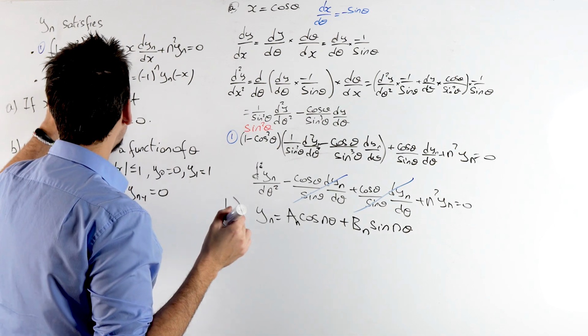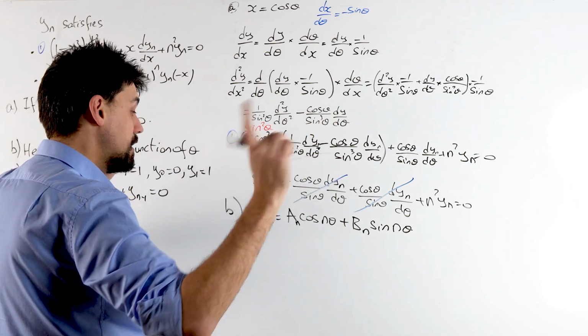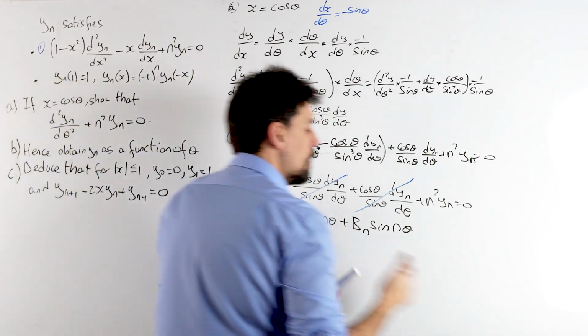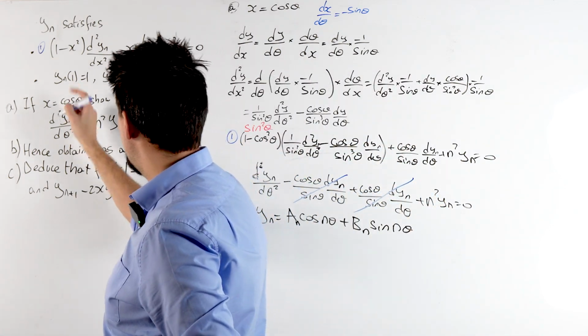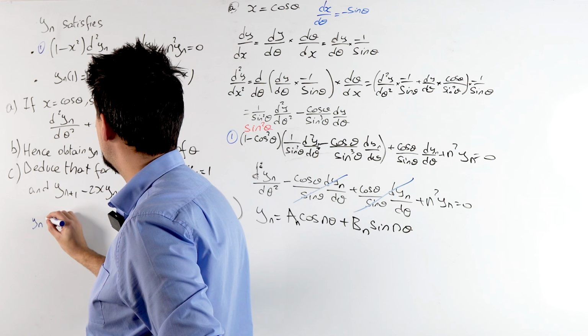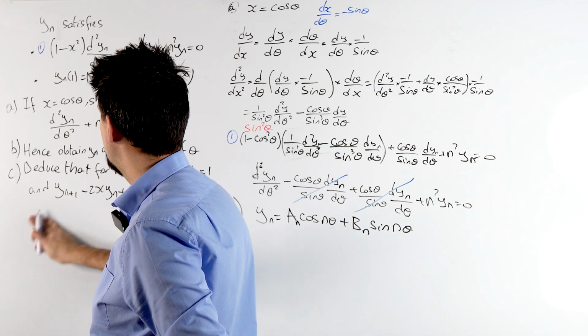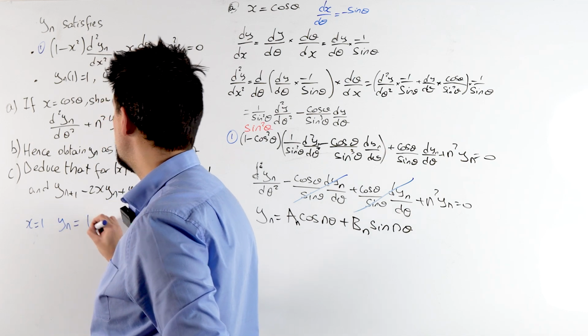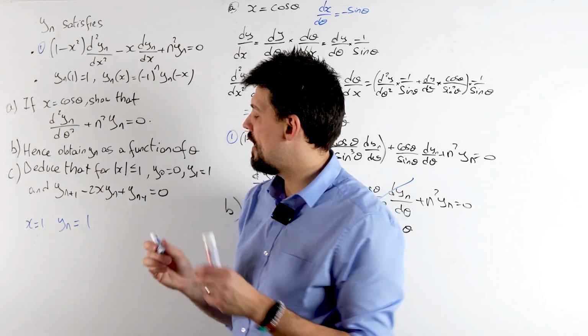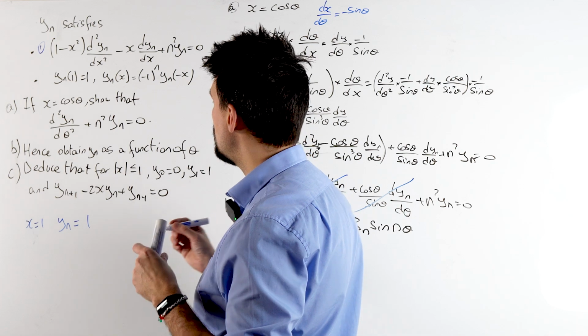Now, we know conditions based on the value of x. So little aside here, what do we need? When x is 1, yₙ is 1. Well, that's in terms of x, so I do need that in terms of θ.